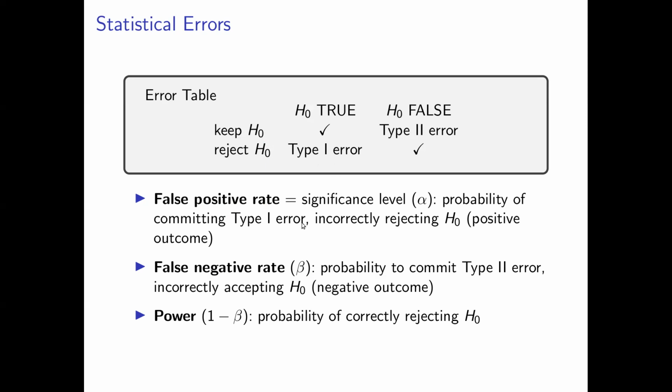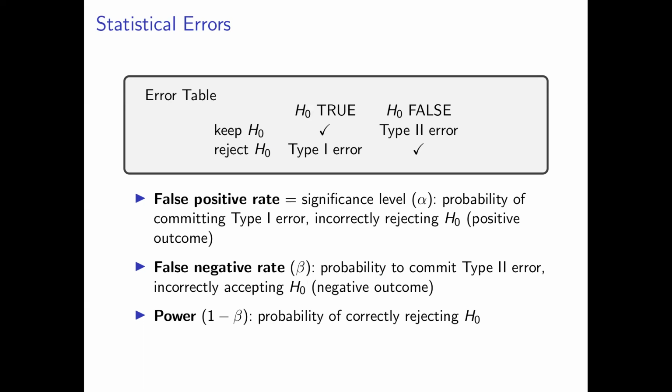However, we do not recognize that this is the case, and we still keep the null hypothesis. This is the false negative which is happening, and therefore estimated by the false negative rate beta, the probability of a type 2 error. 1 minus this false negative rate beta is named the power, the probability of correctly rejecting the null hypothesis.